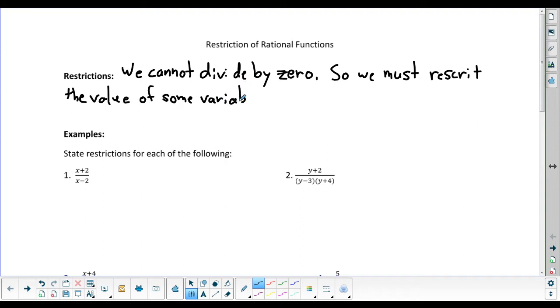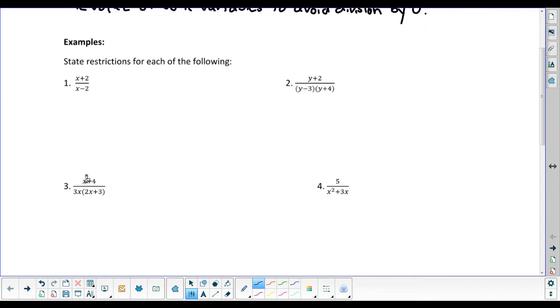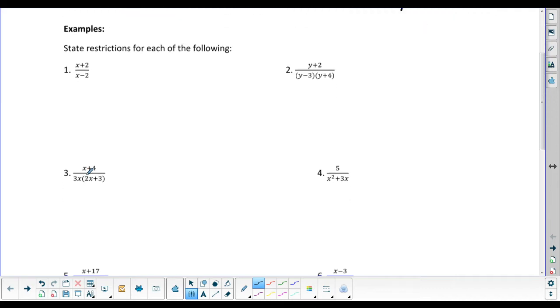It's usually going to be x, but it's not always. So that's our goal. For each of these questions, we're going to write down some restrictions.